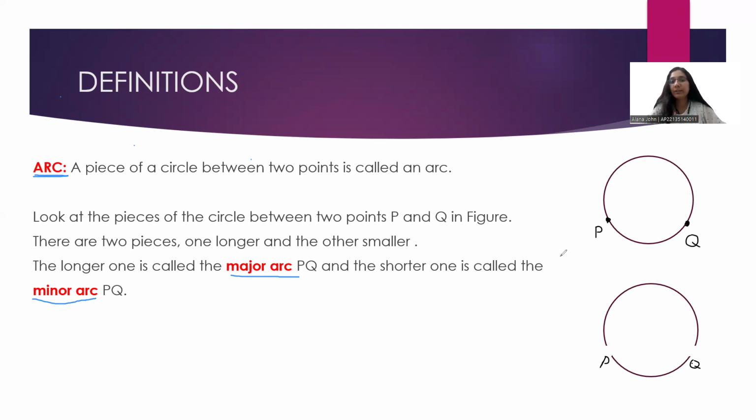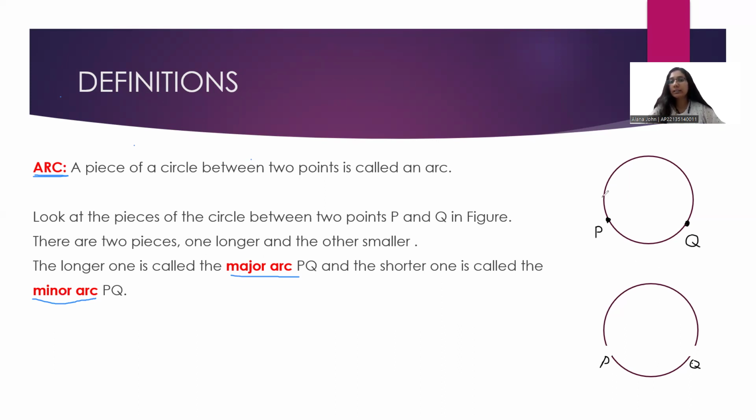If you are dividing the circle into two pieces using 2 points, then we get two important pieces: one will be a small piece and one will be a big piece. The small piece is known as the minor arc and the big piece is known as the major arc.